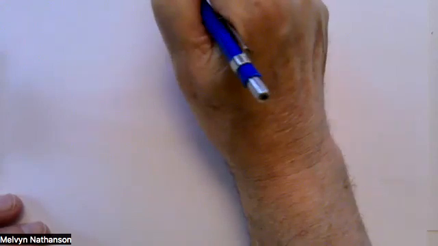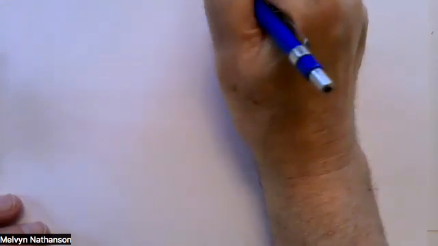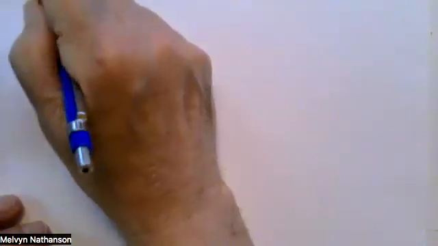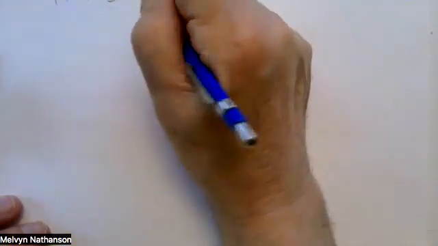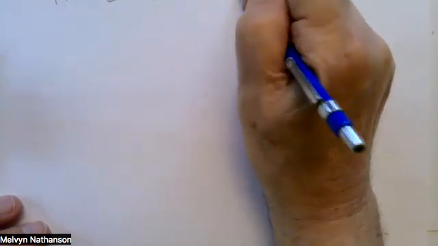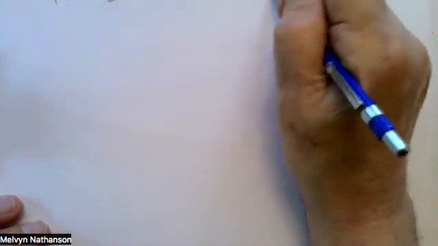Problem 19 says G equals 6Z. So this is all multiples of 6. And H is 14Z. So that's all multiples of 14.